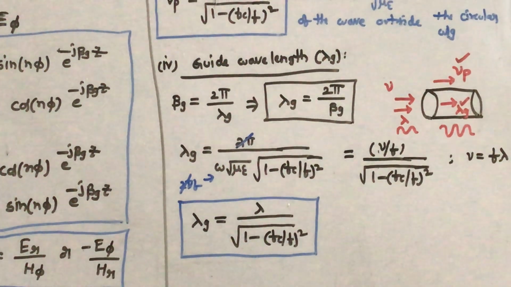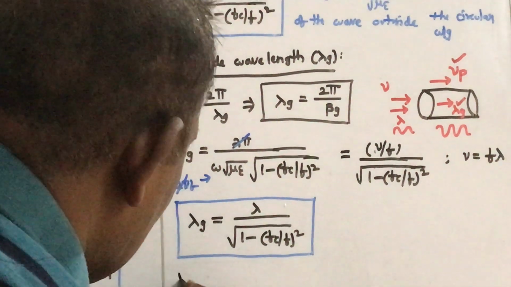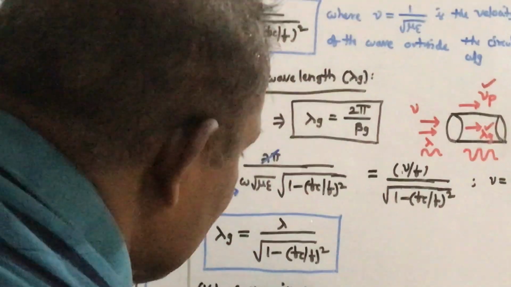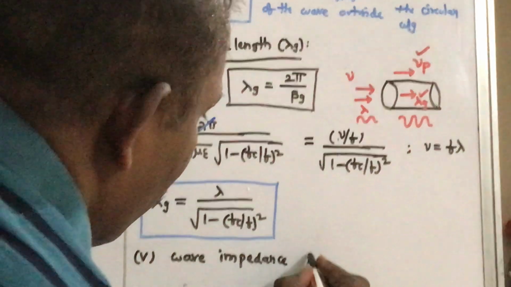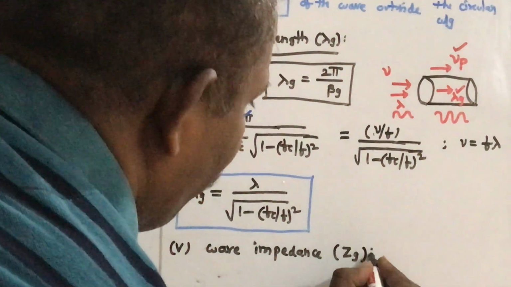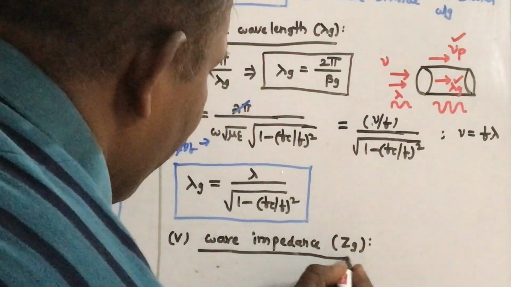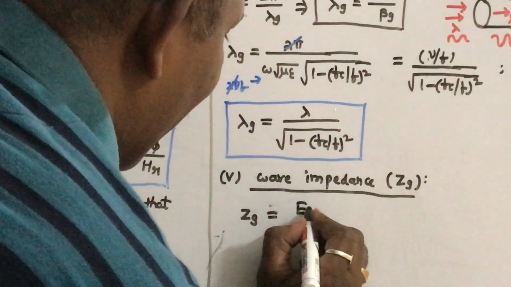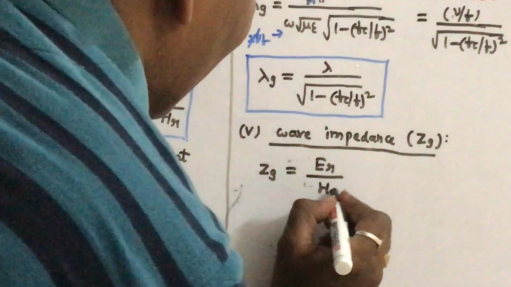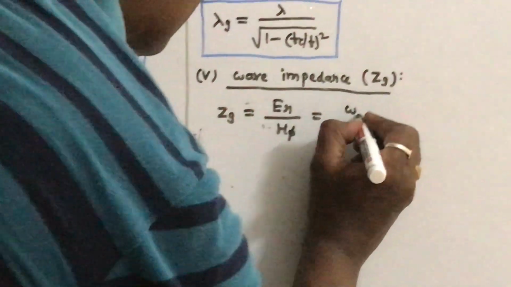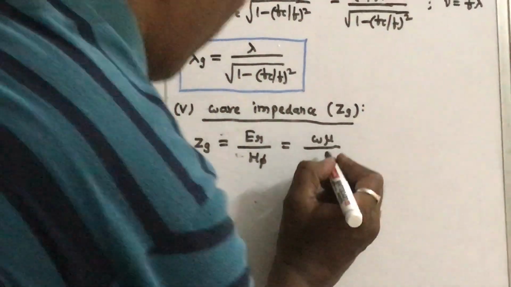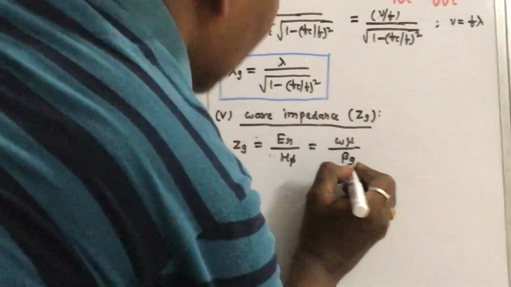The last parameter we derive is the wave impedance, that is the impedance of the wave, which is represented with Zg. The wave impedance is written as the ratio of electric field to magnetic field, E rho by H phi, which is omega mu by beta g.